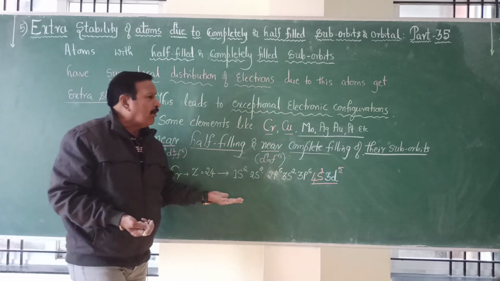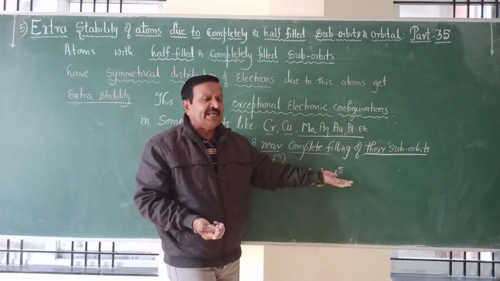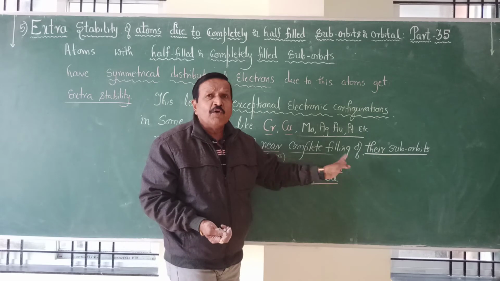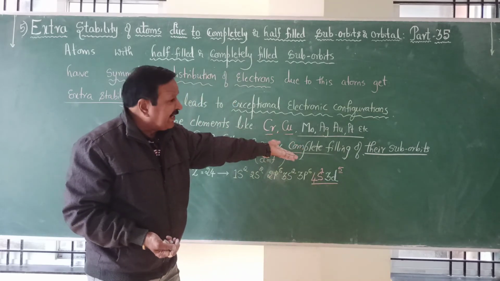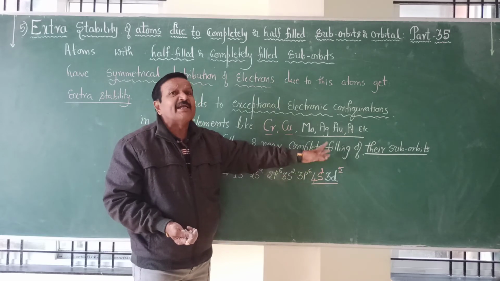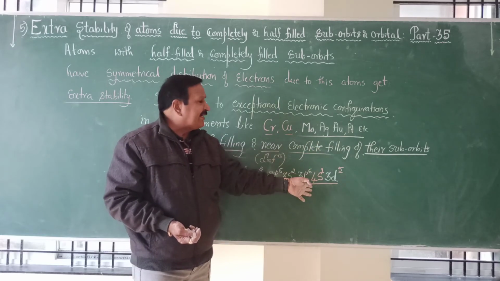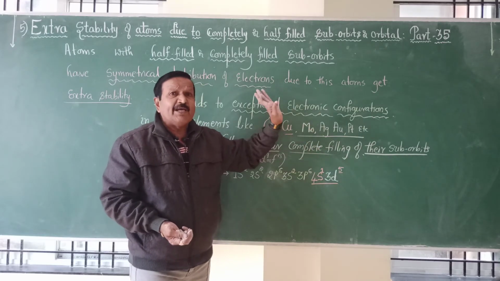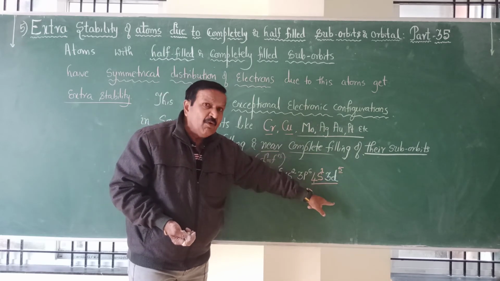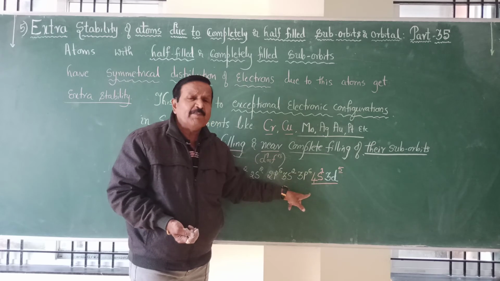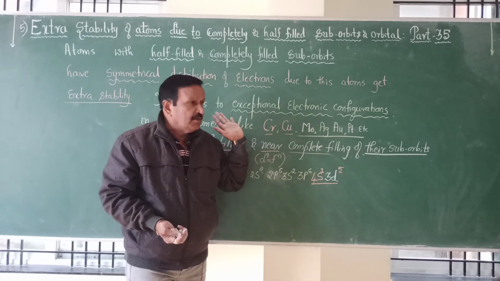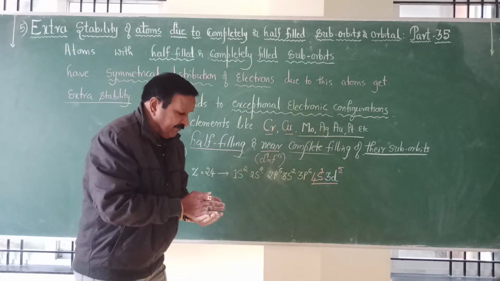This is what we call exceptional configuration. So 3d4 you will never get. For the next element, manganese, this electron is taken back. It becomes once again 4s2 3d5. So there will be two d5 configurations, but one d5 will have s1 and the other d5 will have s2 as usual. This is what we call exceptional configuration.